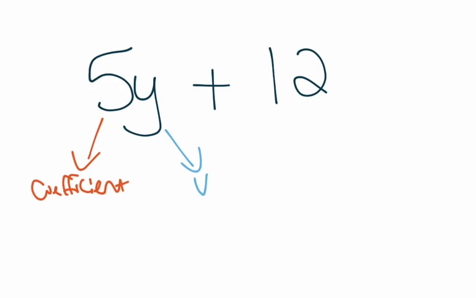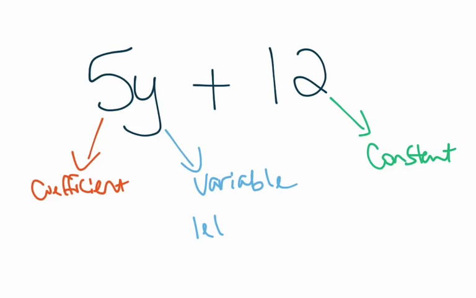Y is the variable. And 12 is the constant. Variable is usually a letter, and it represents something we don't know. It's an unknown. The coefficient is always a number, and the constant is always a number.